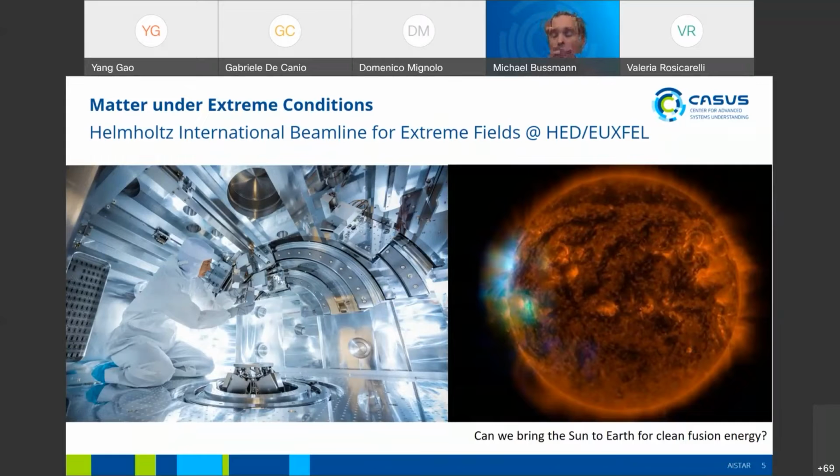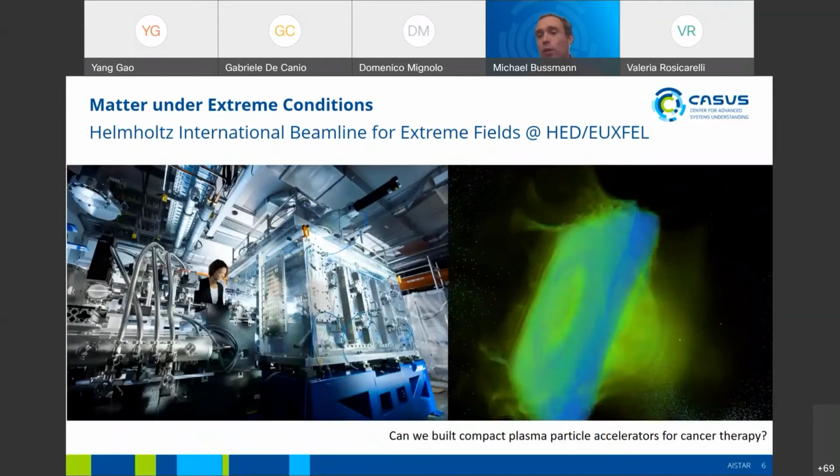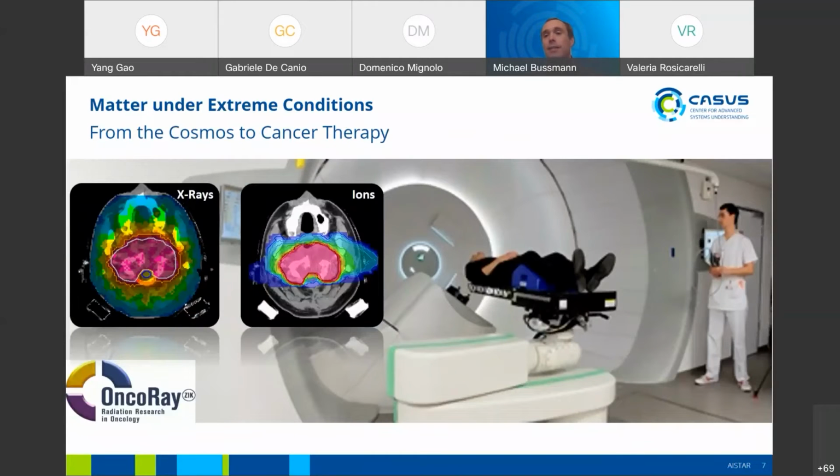And one that I really want to choose here is cancer research. This is developing new sources for irradiation of cancers using lasers and very simple targets. And here's a simulation, and I'll come back to that later on. The idea behind this is that typically for irradiating cancer, we are looking at X-rays.